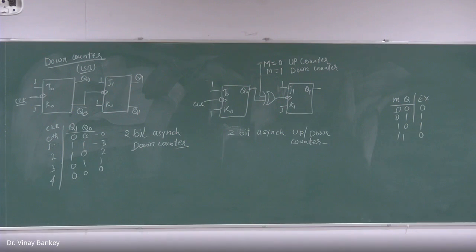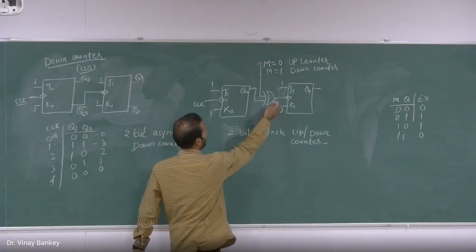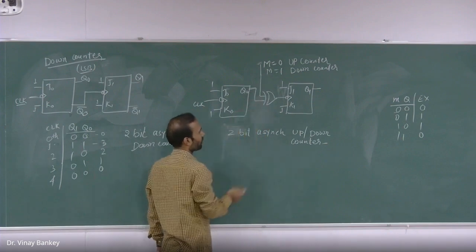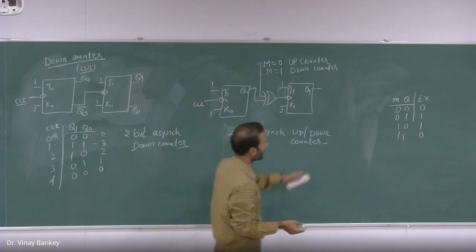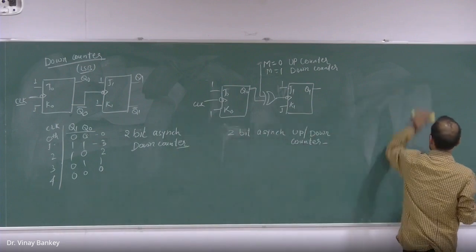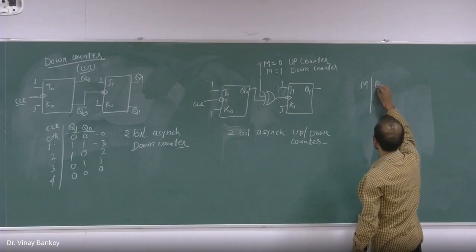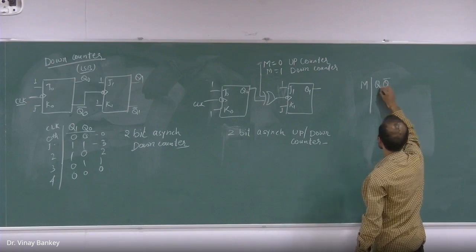There may be some different logic circuitry that can be used for the converter of this up and down counter. We will see here. We have one mode operation and we have this Q and Q bar.